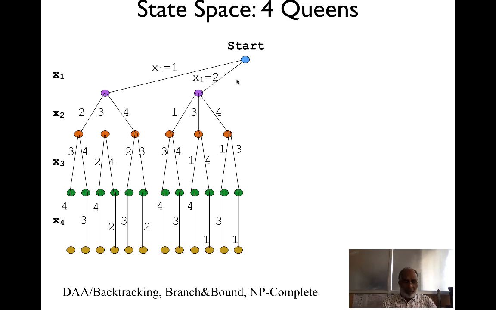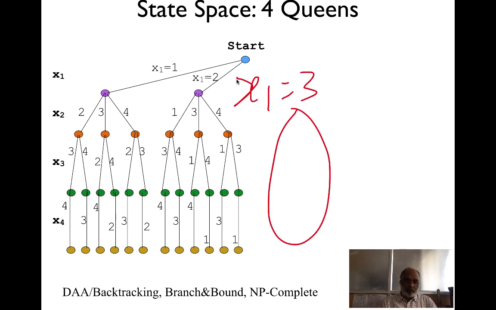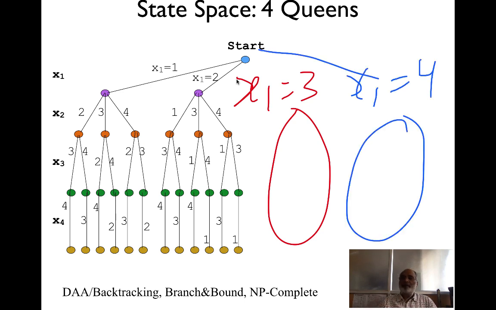Please build the whole tree down the line for x1 equal to 3, and then take the branch where x1 equal to 4 and build the whole tree down the line. Spend 5 minutes building those trees, and once you are ready, check back with your answers.